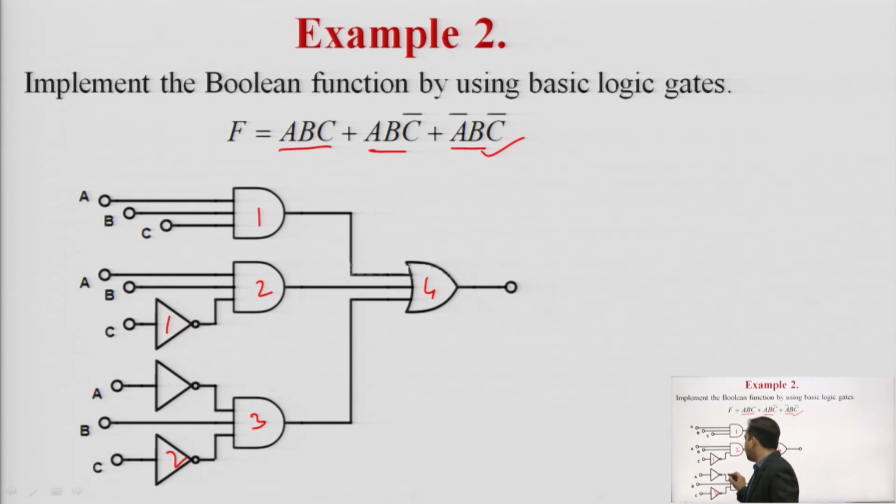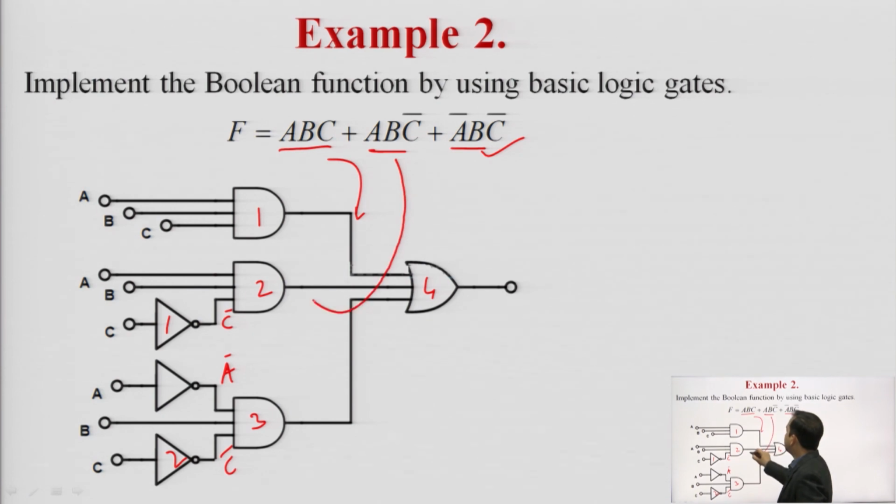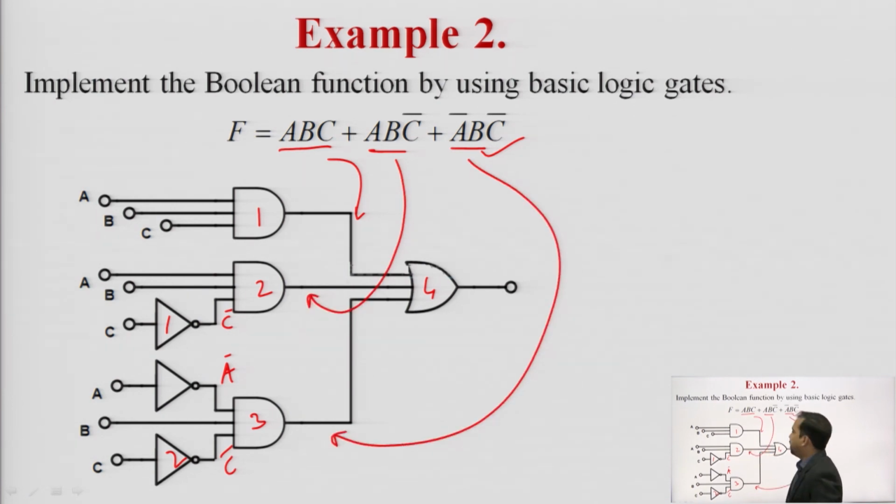Here we have A bar, and here we have C bar. So ABC is one term, ABC bar is the output of this, and A bar B C bar is the output for the third logic combination, and the overall output is provided by the OR gate. So this is the implementation of the Boolean function.